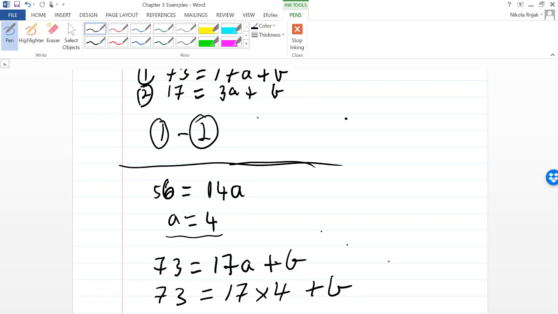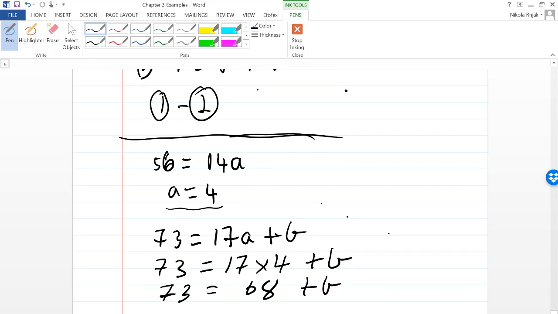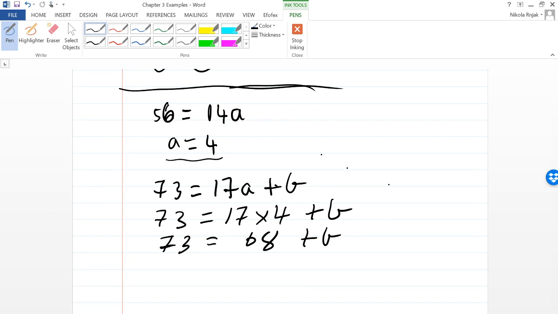Figuring this out, 73 equals 68 plus b, which means that b would be equal to 5. So a is equal to 4, and b is equal to 5.